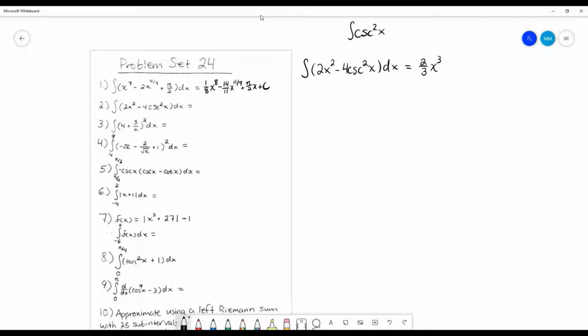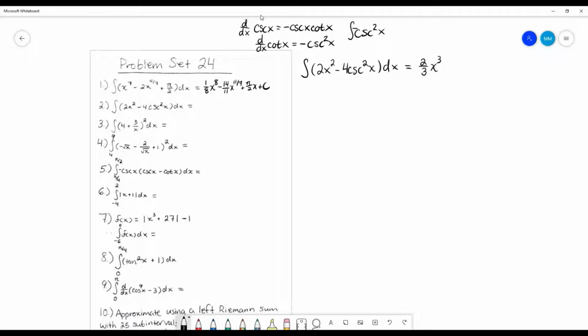I know, of course, the derivative of cosecant of x is going to be a negative cosecant cotangent. But then maybe the derivative of cotangent is going to be a negative cosecant squared. That looks about right.